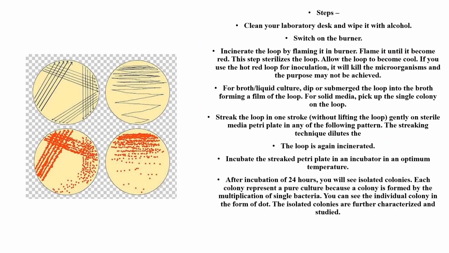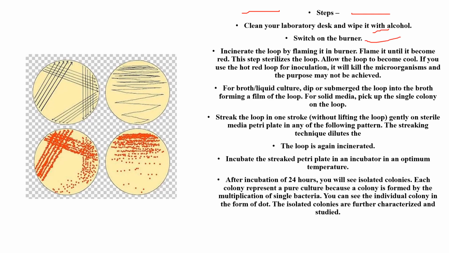What is the procedure? What is the process to isolate the pure culture using streak plate culture technique? First, we will clean the bench using 70% alcohol. Switch on the burner.